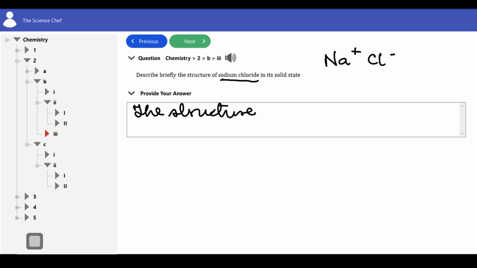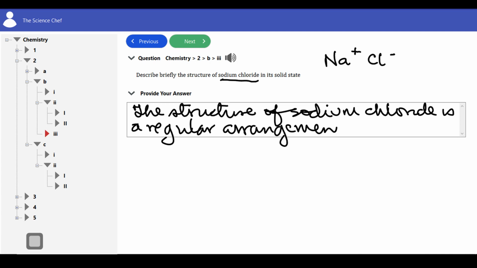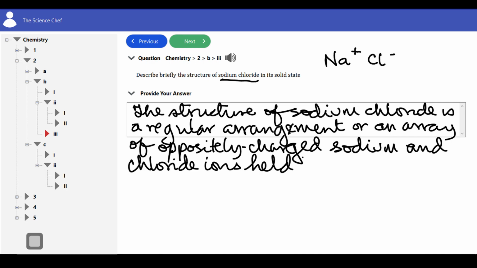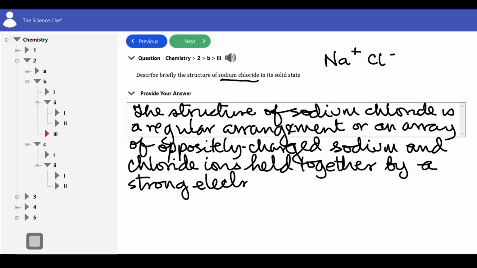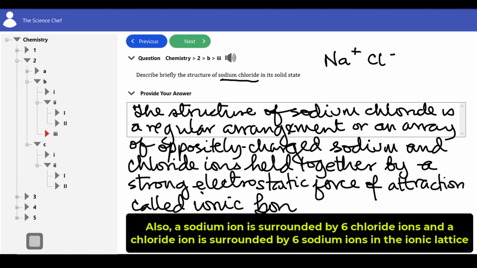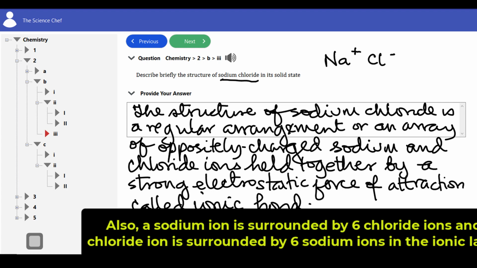So the structure of sodium chloride in a solid state is a regular arrangement, or you can say an array, of oppositely charged sodium and chloride ions held together by a strong electrostatic force of attraction called ionic bond. So that is the structure of sodium chloride in a solid state.